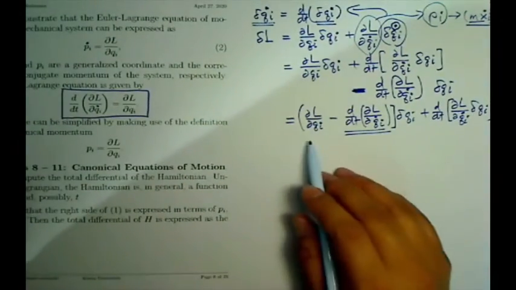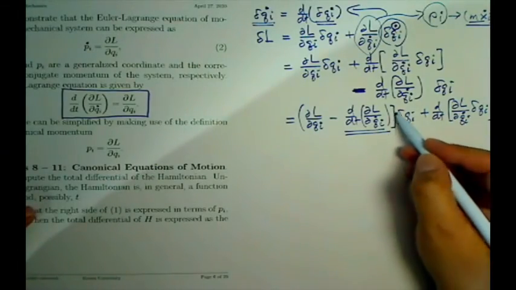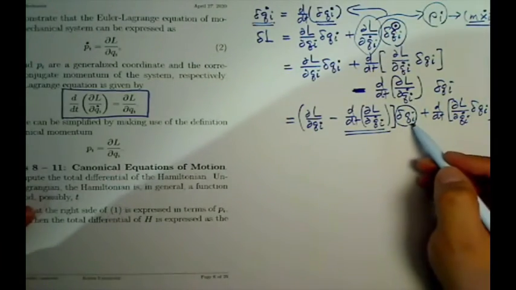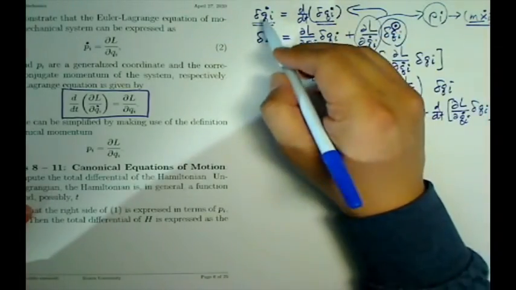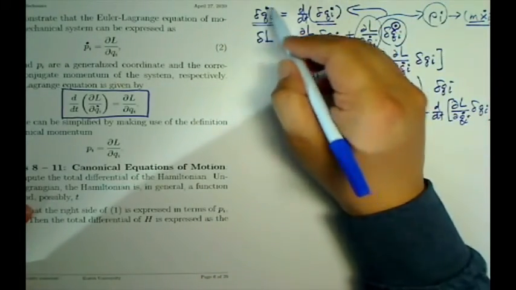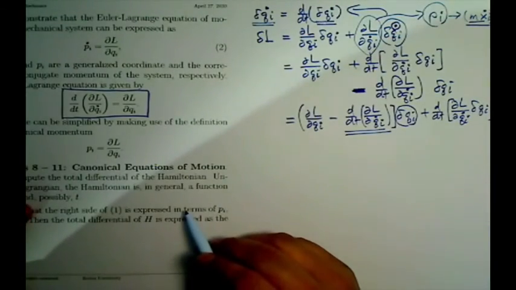That's the reason why we have a second order time derivative, and the variation is along q only, and qi variation is independent. Qi dot variation is depending on the qi variation that is completely determined.